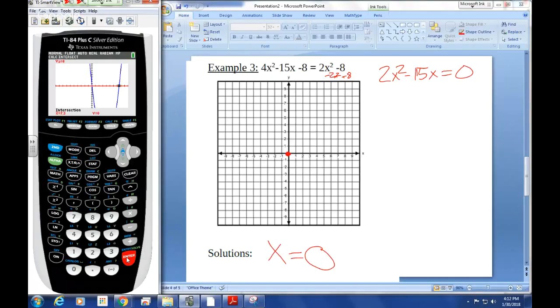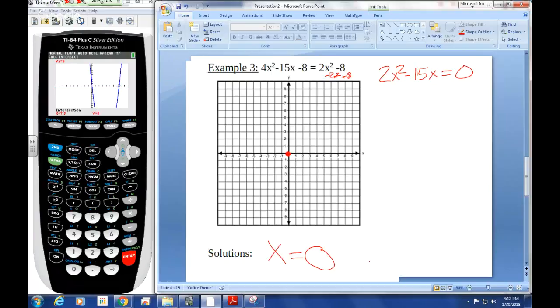So our other solution is x equals 7.5, which is going to be a little bit more right there on our graph. And then we want this to look about what that is. So I want to come down from here.